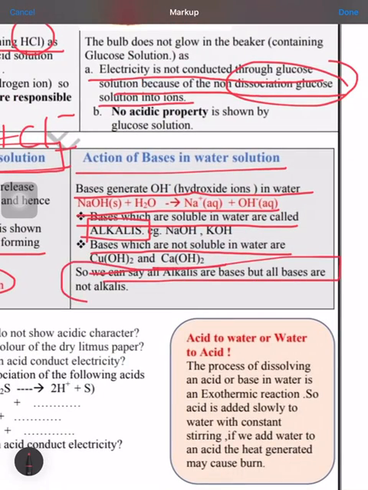This is a very important part. All alkalis are bases, because bases which are soluble in water are definitely called alkalis. But all bases are not alkalis, because all bases do not dissolve in water to form the alkaline solution.